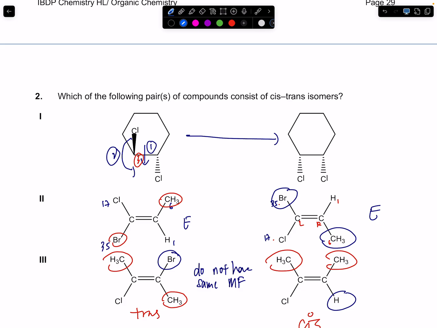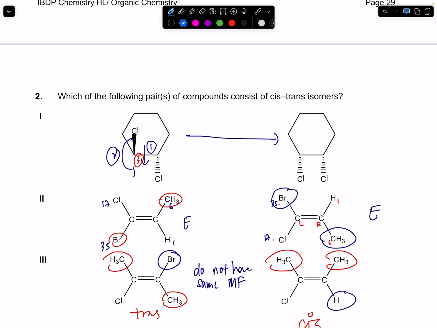Number two, I cannot call it cis-trans isomer because they don't even have similar groups across the carbon-carbon double bond. This one is EZ isomer. This is not cis-trans. And you do realize, guys, even though it is EZ, both are E.